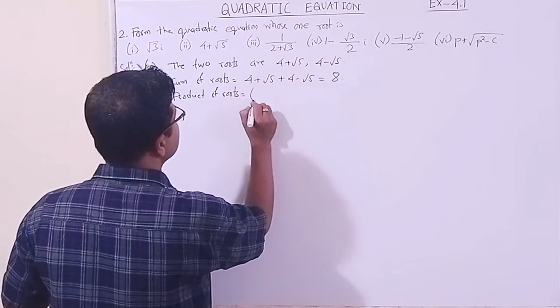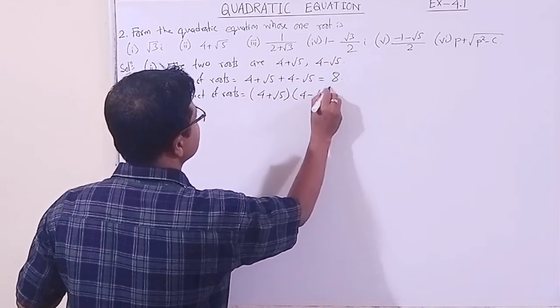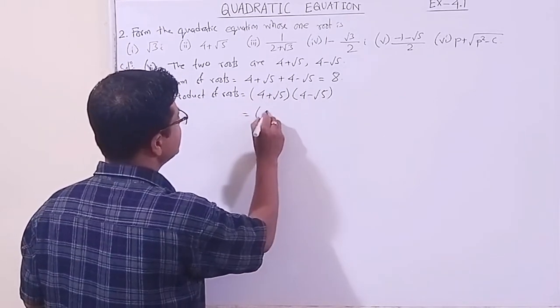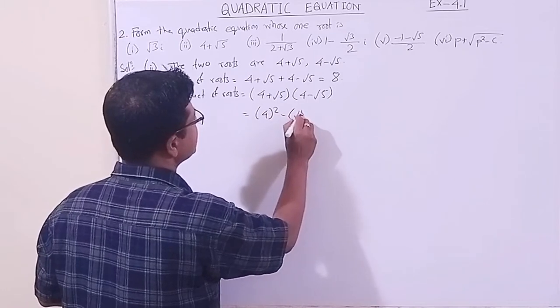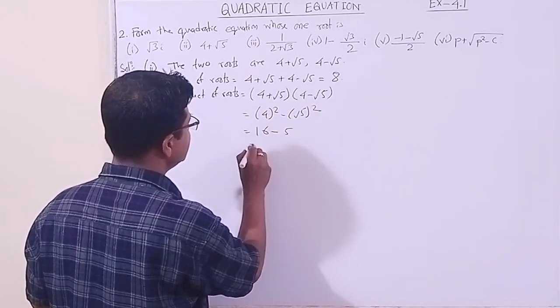Then product of roots, let us multiply. 4 plus root 5, 4 minus root 5. This is of the form a plus b into a minus b, which is equal to a square minus b square. 4 square is 16, root 5 square is 5. This is 11.